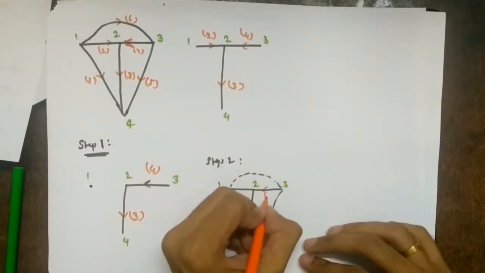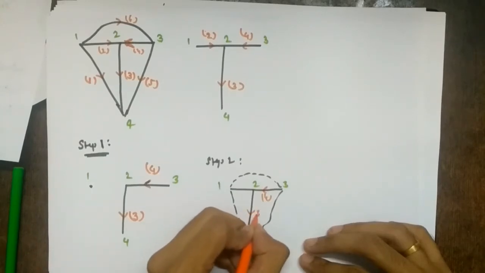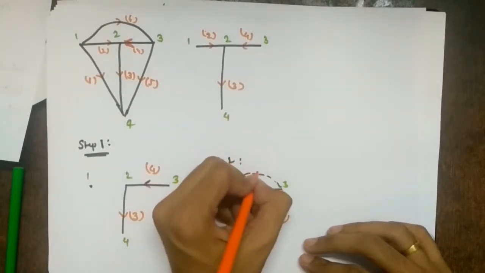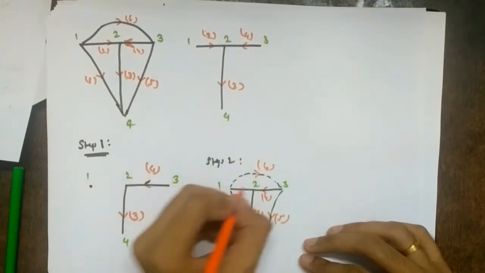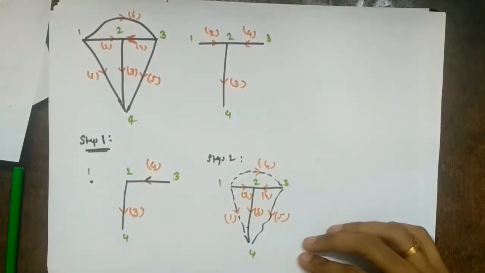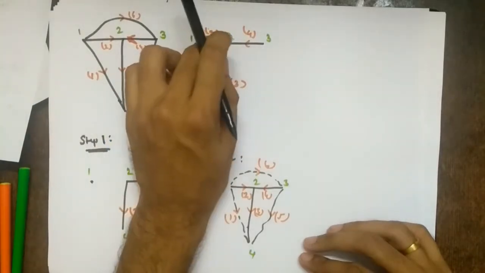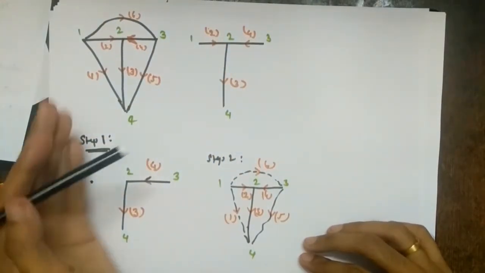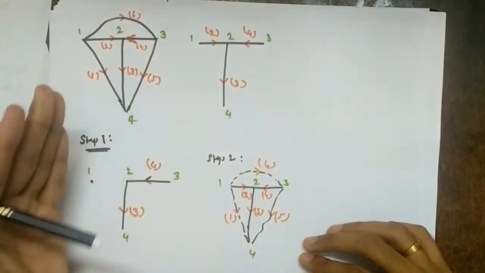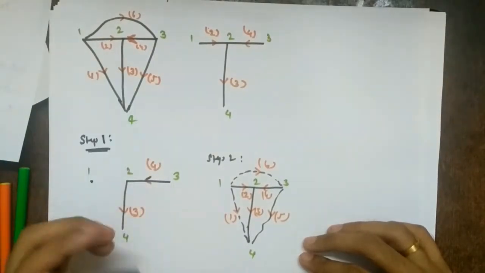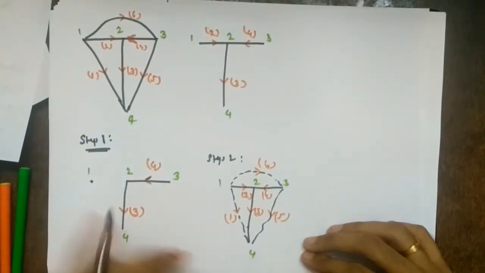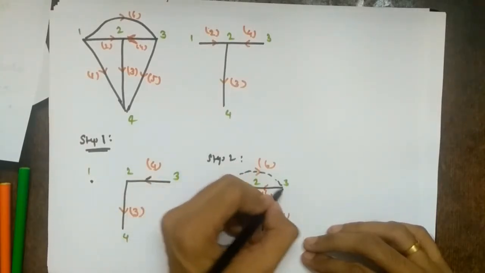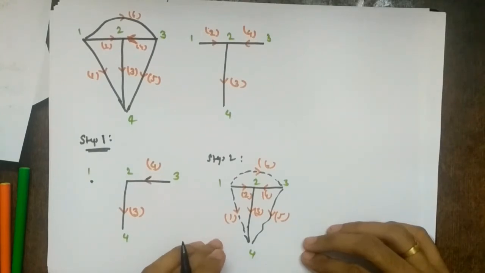This is 4, this is 3, this is 5, this is 1, this is 6, and this is 2, right? So what you did in step 1, you remove any one of the twig. So this is my twig remove, right? So what is it doing? It is dividing the graph into two parts, tree into two parts, right? So what you do, you again put it, right? So when you again put it, these are all the dotted nodes, right?